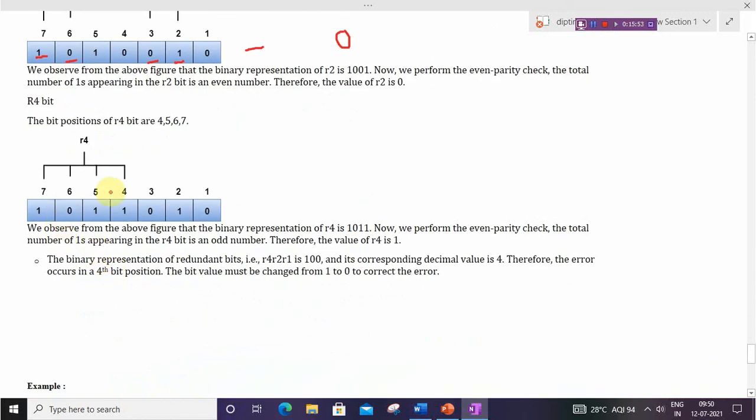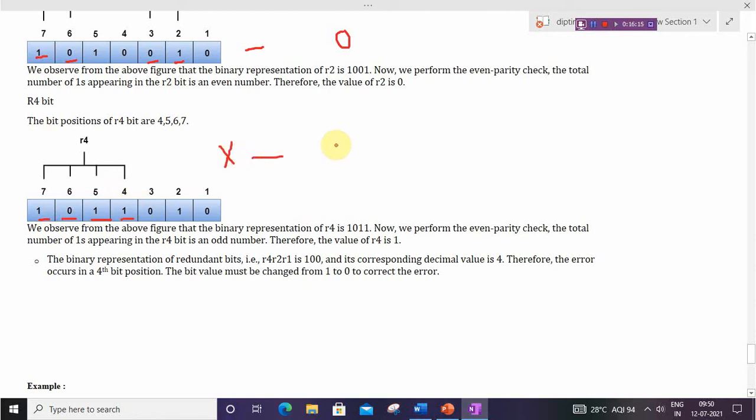For the R4 bit, R4 bit is calculated by positions 4, 5, 6 and 7. Okay. So 4, 5, 6, 7 means here 1 and 1, an even number of 1s, but it is 1, means here R4 is wrong. It should be 0.